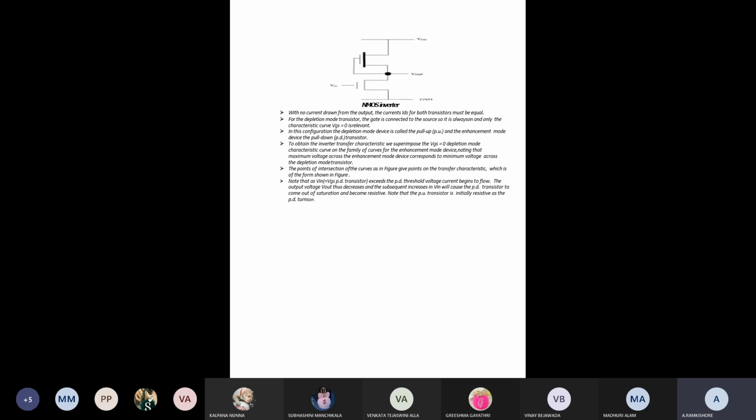But in the NMOS inverter, we use the same type of MOS transistors, but different modes: in the upper part we use a depletion mode transistor, and in the lower part we use an enhancement mode transistor. That is the main difference between the CMOS inverter and the NMOS inverter.